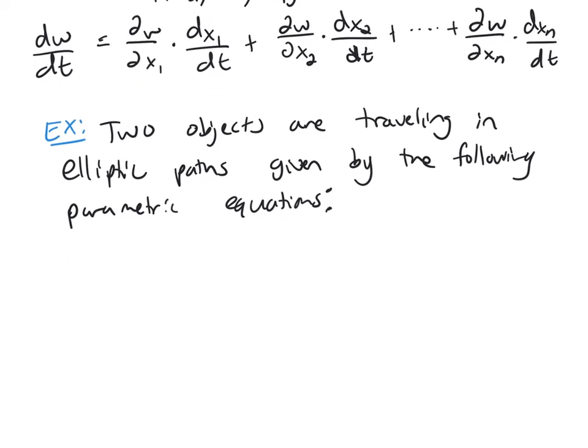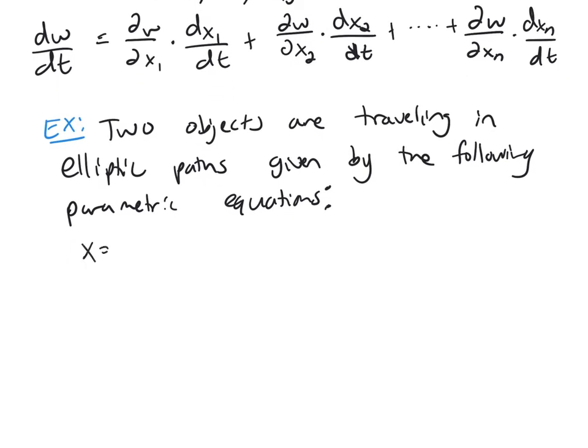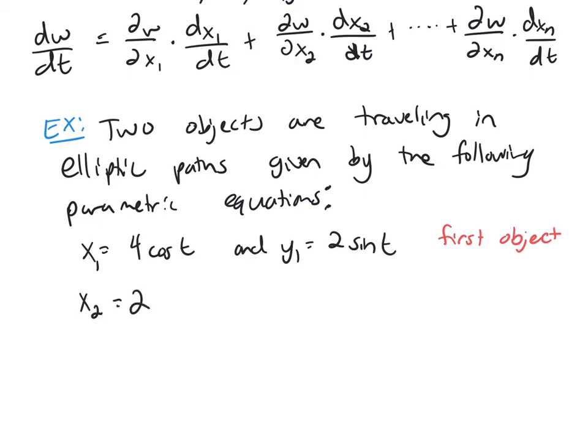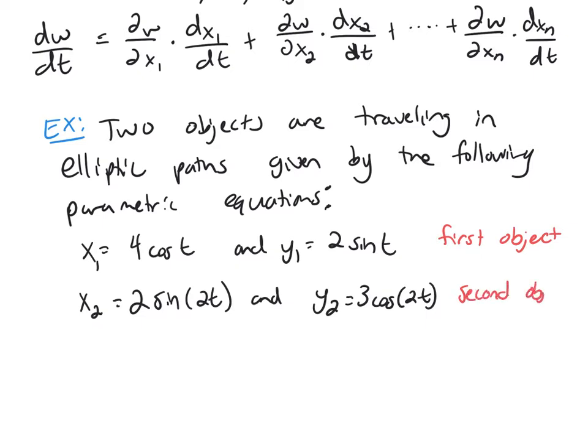For the first object, x1 is 4 cosine t, and y1 is 2 sine t. These are the equations for the first object. And then for the second object, x2 is 2 sine of 2t, and y2 is 3 cosine of 2t. These are the parametric equations for the second object.